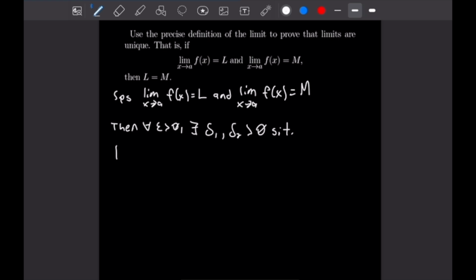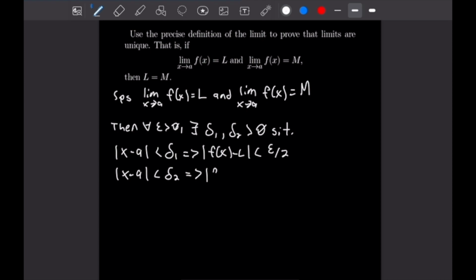We have the absolute value of x minus a is less than delta 1, and that implies that the absolute value of f of x minus L is less than epsilon over 2, and we'll have that the absolute value of x minus a is less than delta 2, which implies that the absolute value of f of x minus M is also strictly less than epsilon over 2.